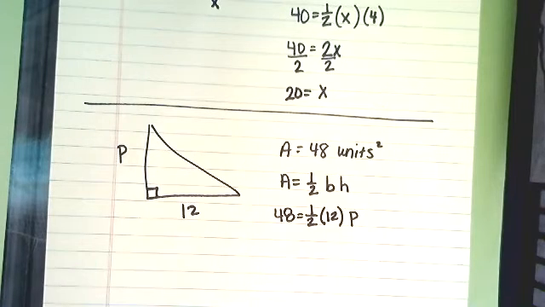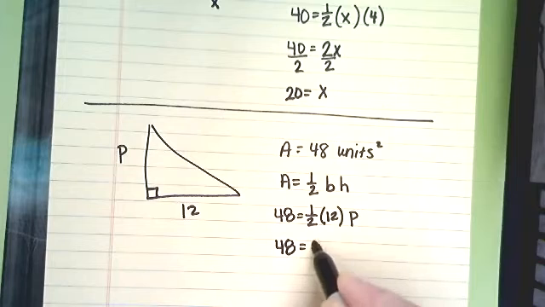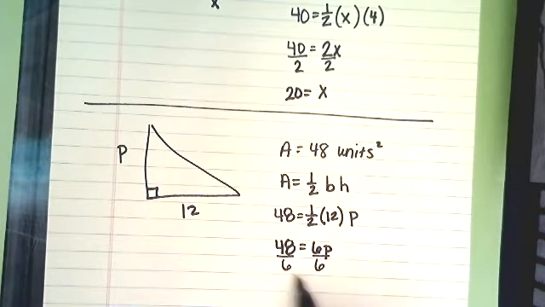We're going to multiply the parts we can, and divide by 6. Any questions there? That's pretty simple. Okay, let's look at the next one.